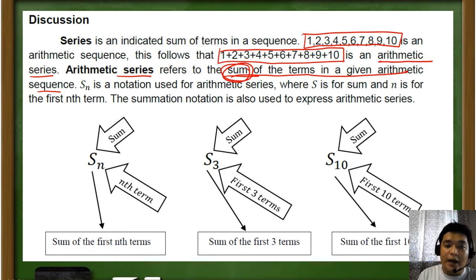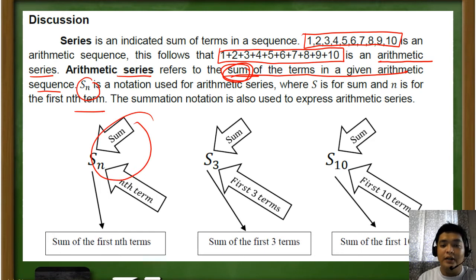S sub n is a notation used for arithmetic series where S is for sum and n is for the first nth term. The summation notation is also used to express arithmetic series. So, for example, this is S sub n, the sum of the first n terms.